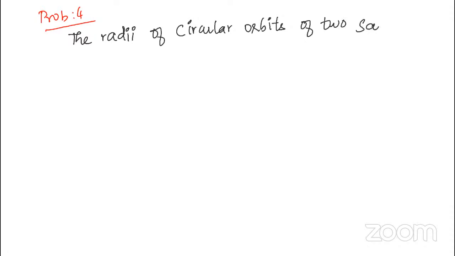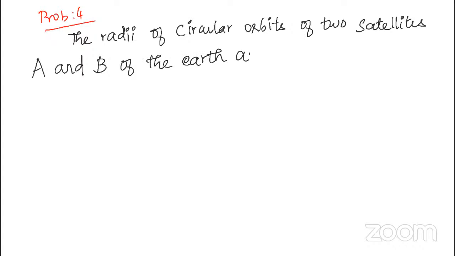Next, we can go for the fourth problem. The radii of circular orbits of two satellites A and B of the Earth are 4R and R respectively.